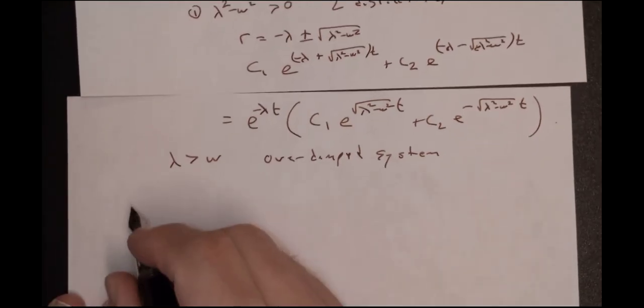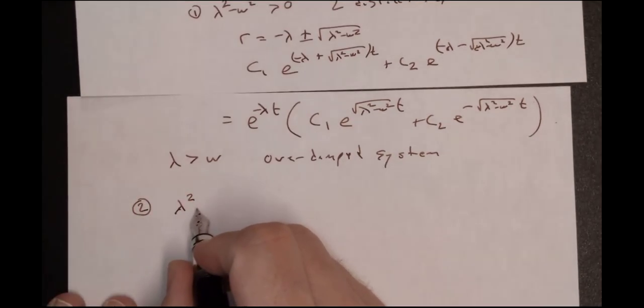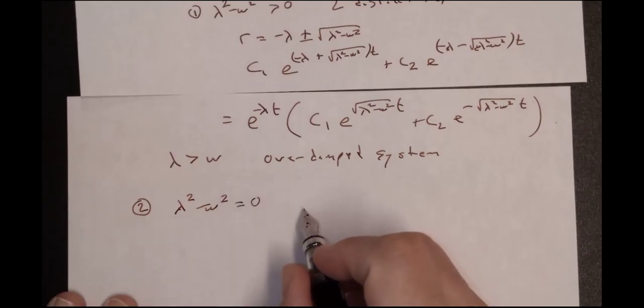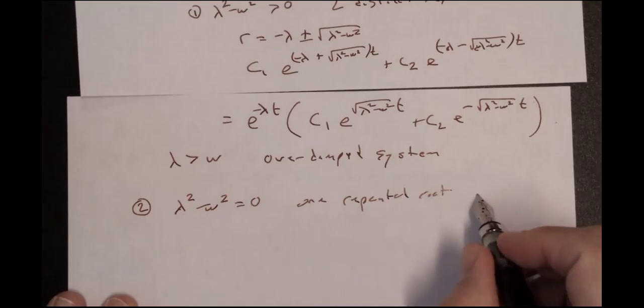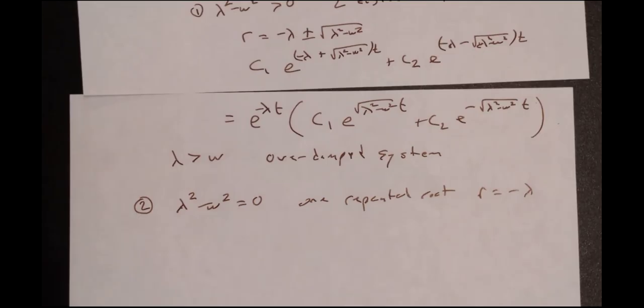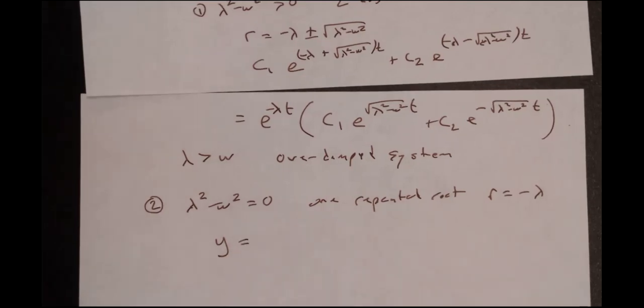On the other hand, if we got a repeated root, r equals minus lambda. What's our solution look like? Oh, sorry, it's not y, it's x. X of t equals C1 times what?